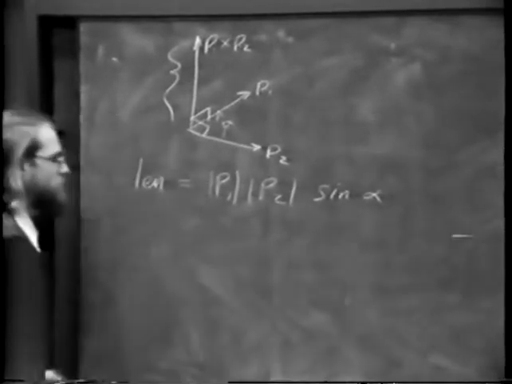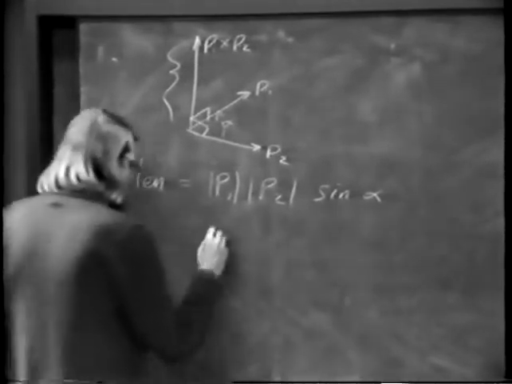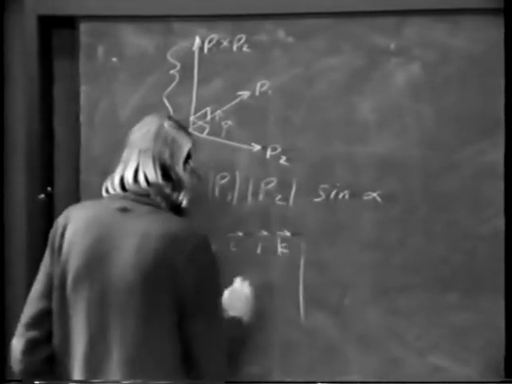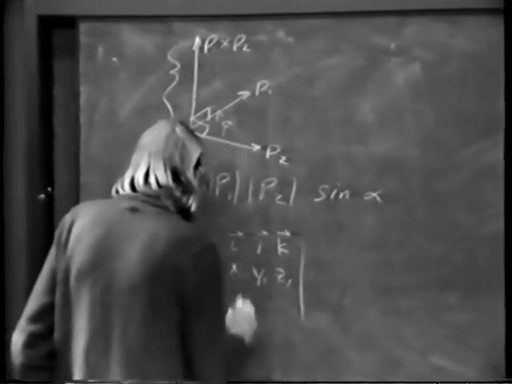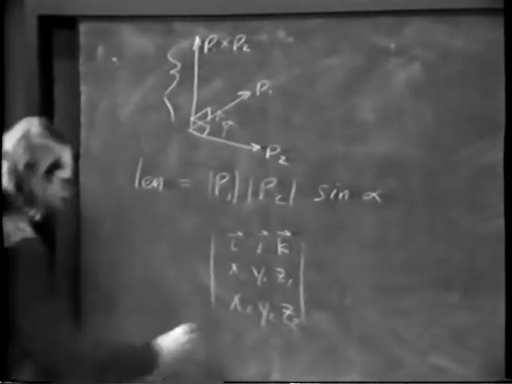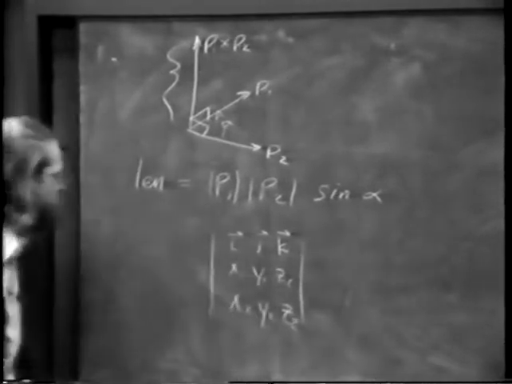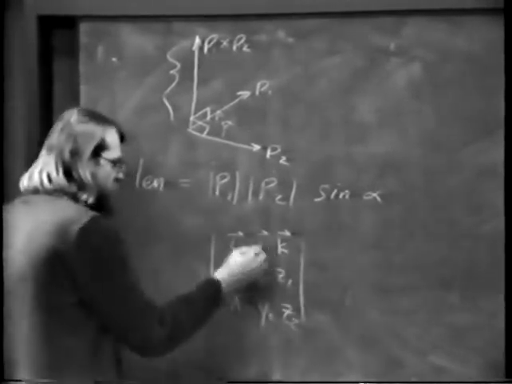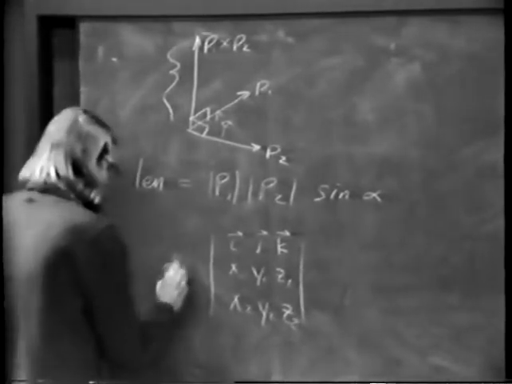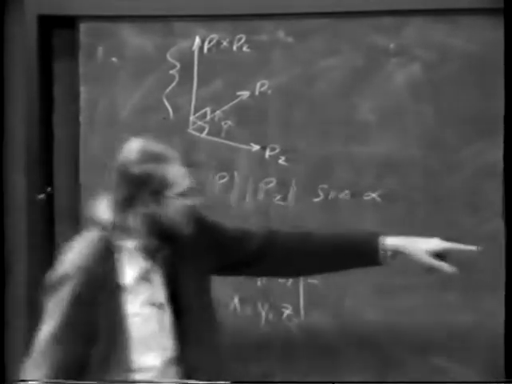There's a shorthand notation for cross product, which is useful to know because it generalizes to some other things. If you write the two vectors in question as two rows of a kind of pseudo matrix and write the top row of the matrix with little symbols I, J, and K, thinking of I, J, and K as being unit vectors in the x, y, and z direction, then by taking the determinant of this matrix, you come up with this same expression here.